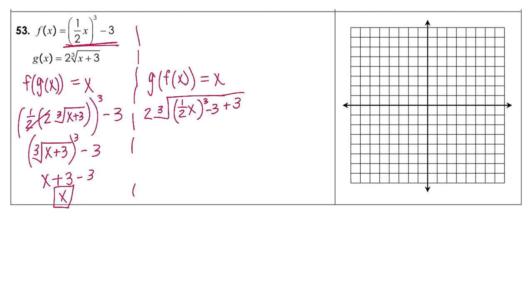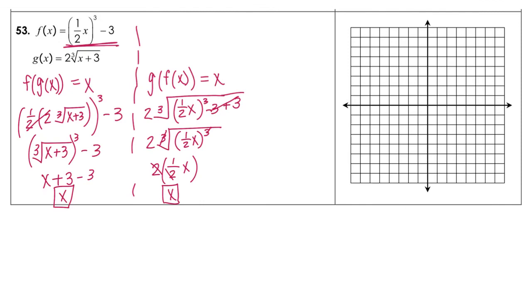So those are going to cancel each other out, those 3's. And so I have 2 times the cube root of 1/2 x all cubed. And do keep in mind your order of operations. The parentheses in that cube root are going to cancel each other first. So that's going to be 2 times 1/2 x. And once again, we do end up with x. So we have shown that they are inverses of each other.